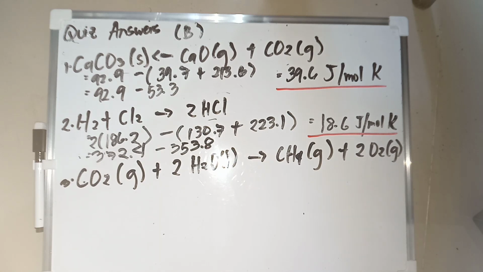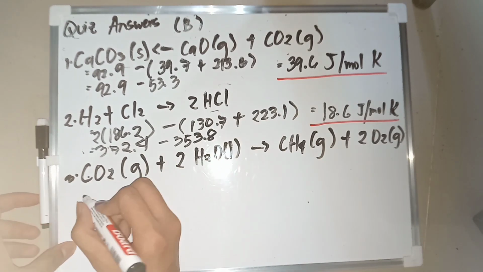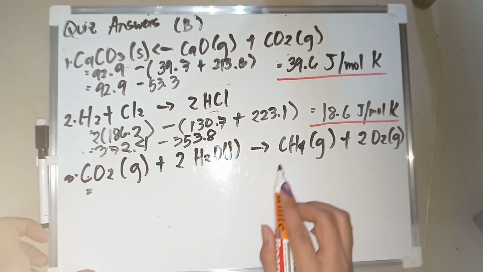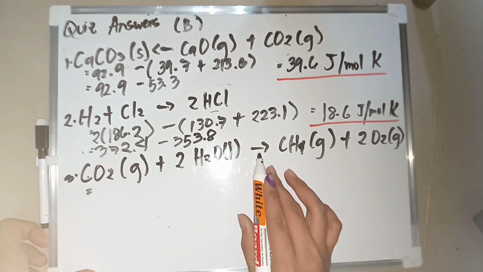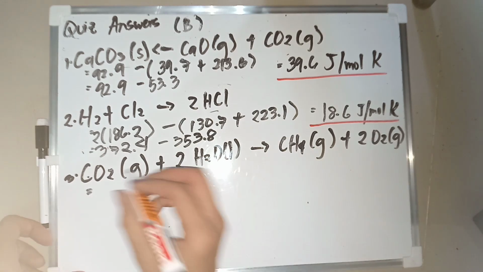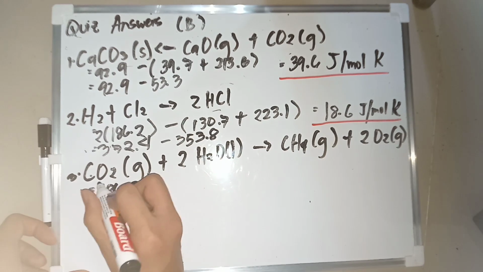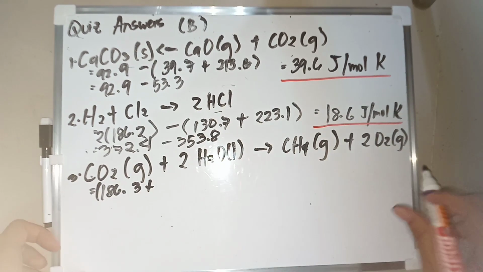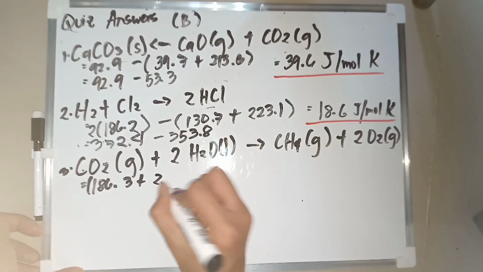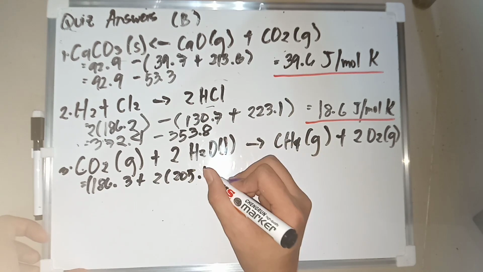And lastly, number 3, a pretty long one. We're going to start with our product first. Here is our product; the arrow is pointing at our product. The value of CH4 gas is 186.3, plus we have 2 molecules of oxygen gas, so 2 times 205.1.